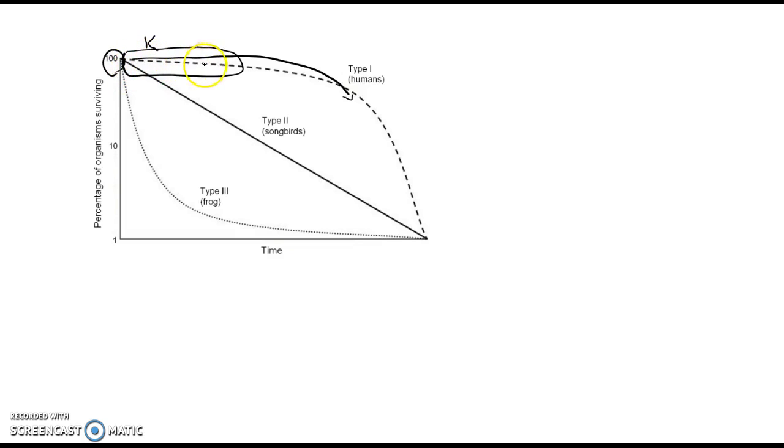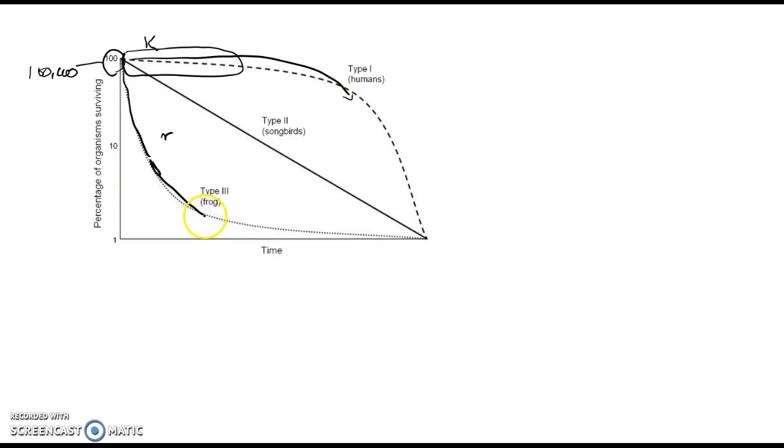If you actually measure this line, it would be going down ever so slightly because obviously there is some mortality in the offspring of K-selected species. This line here is R-selected species, so you get lots and lots of individuals dying at first, but of course, these have much higher numbers, so this 100% over here might be 100,000.